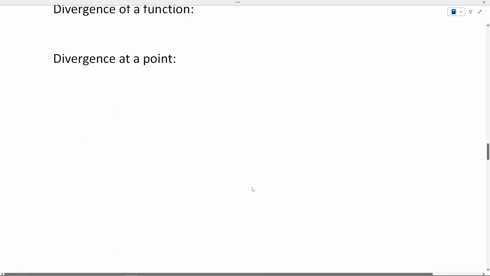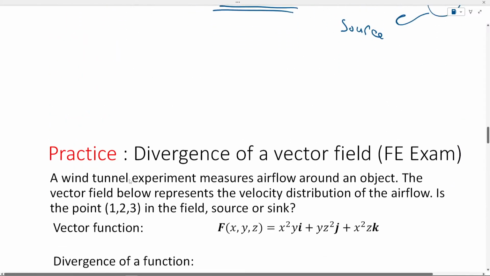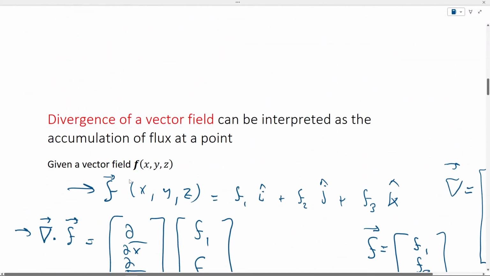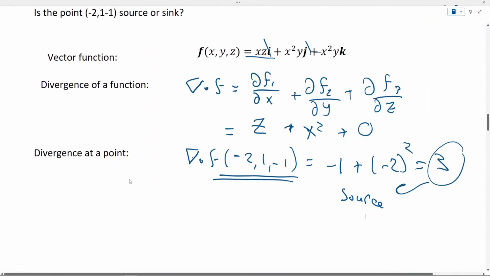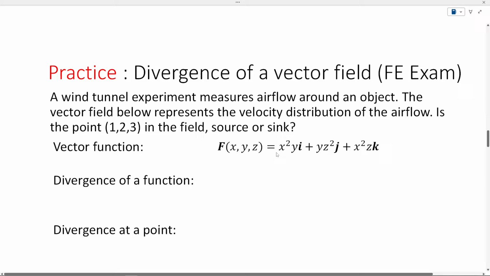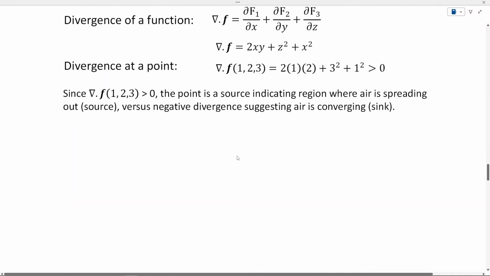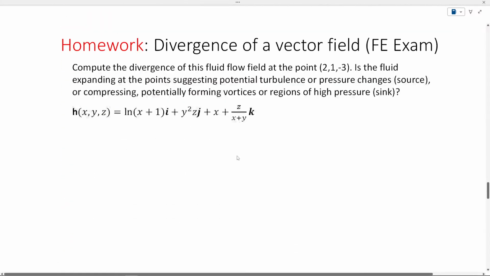Here I just put context to the problem, which I didn't do here, so you will understand more. This is your homework problem, similar stuff.